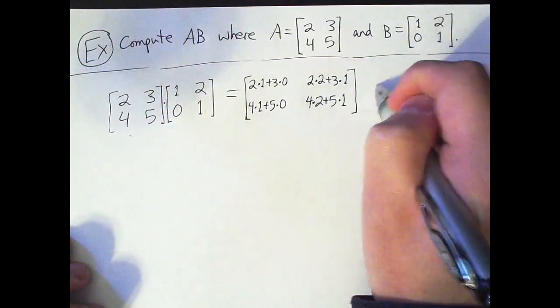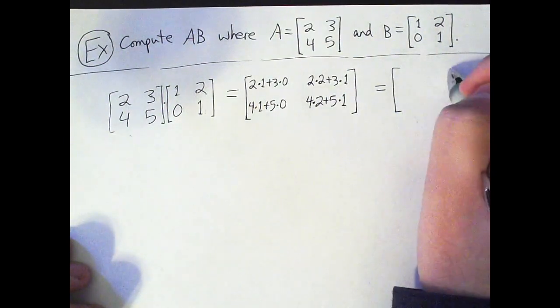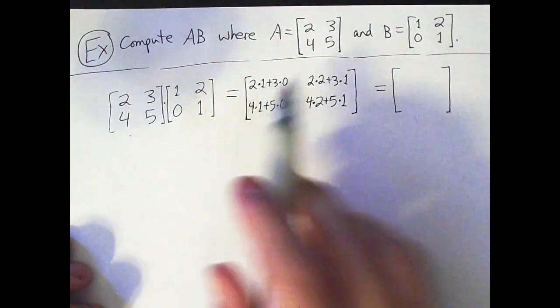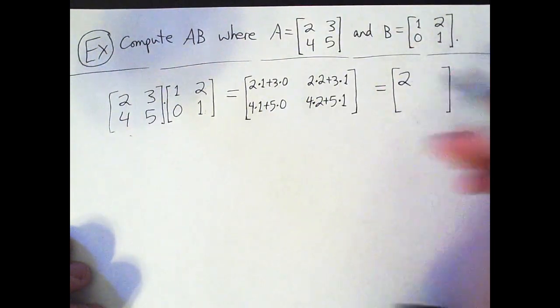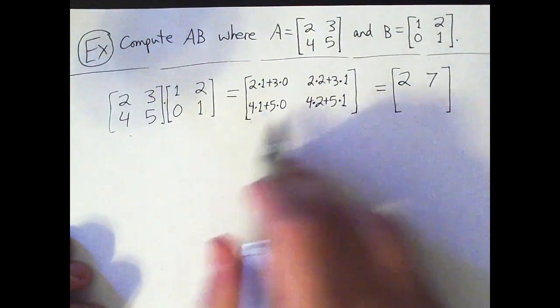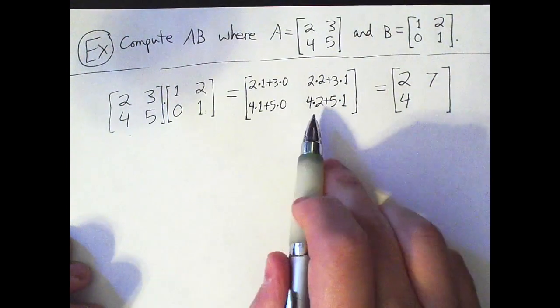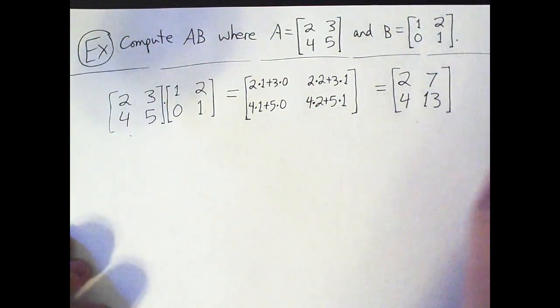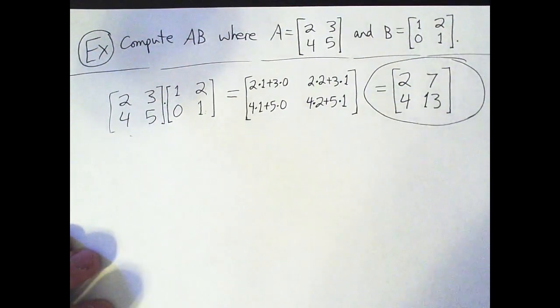And now we can just fit this over here. Let's simplify all of those adding and multiplying. 2 times 1 plus 3 times 0 is 2. This is 4 plus 3 is 7. This looks like 4 plus 0 is 4. And this is 8 plus 5 is 13. So that's the answer.